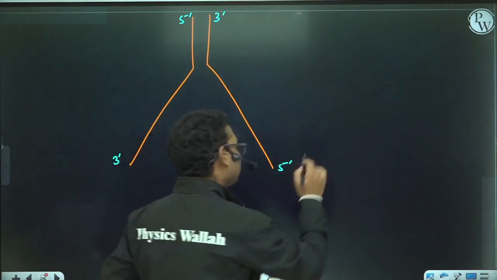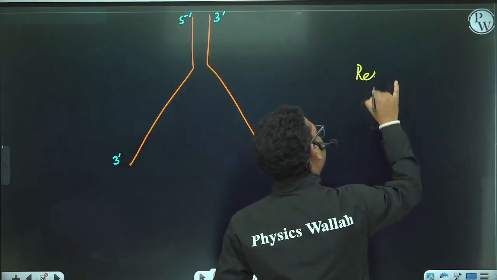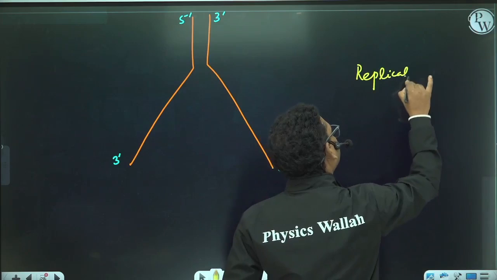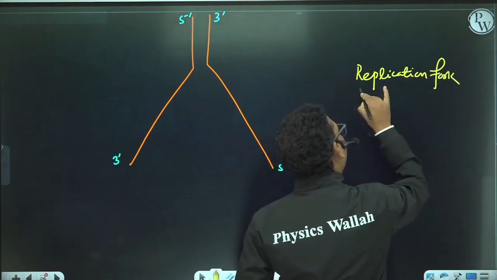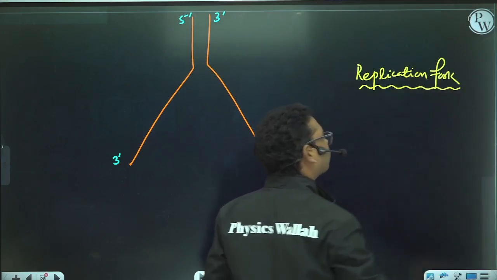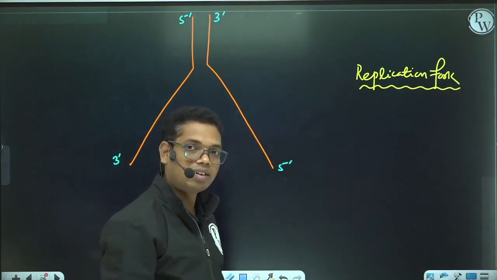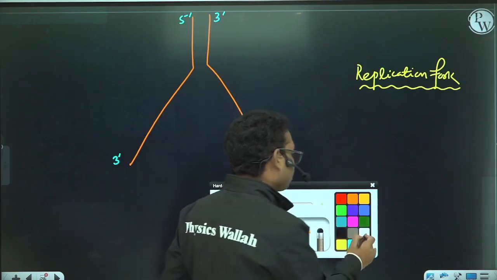Let me write here, what is replication fork? This is the Y-shaped structure formed due to unwinding of DNA by helicase.